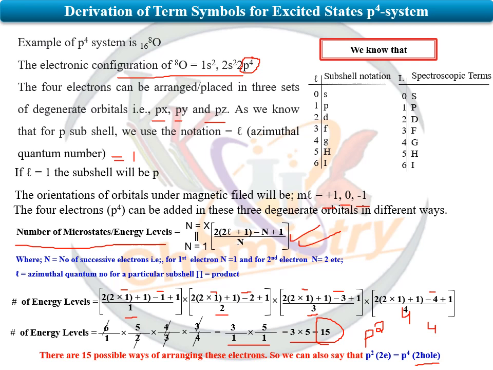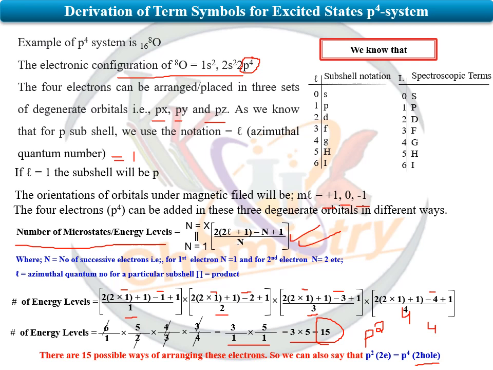If a question is asked to derive term symbols for the p4 excited state, you can calculate it easily by saying that, as we know, the 2 electrons of p2 are equal to the 2 holes of p4, so we can derive the term symbols for p2, and lastly you can just use the higher J value of p4 for the ground state term symbol.